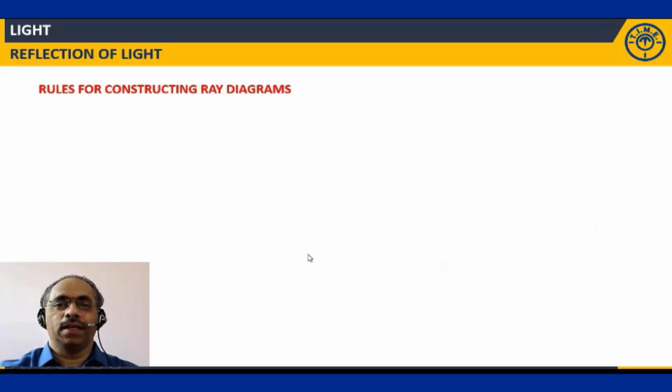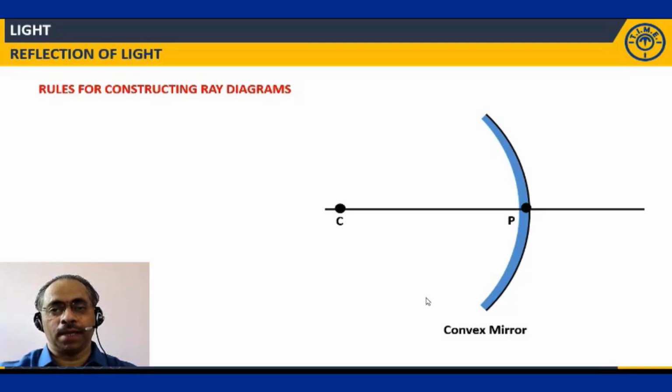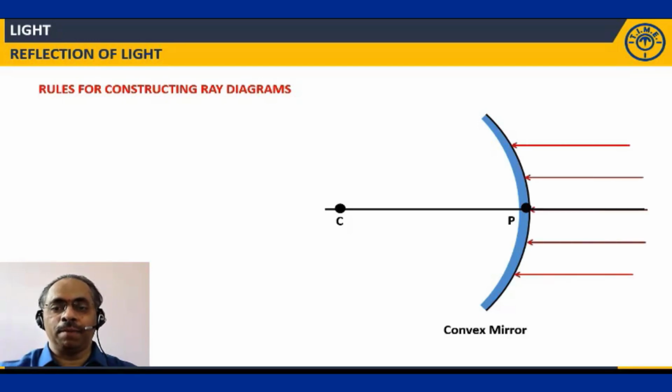Now let us consider if such a parallel beam of light is incident on a convex mirror, then what will happen? So I'm considering a convex mirror. Now I'll consider the pole of the mirror, the center of curvature, the principal axis. Now I will have a parallel beam of light incident on the convex mirror parallel to the principal axis. Now what are the reflections that are happening?